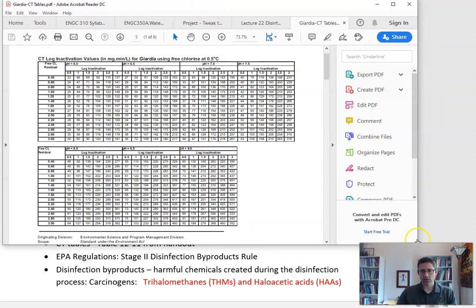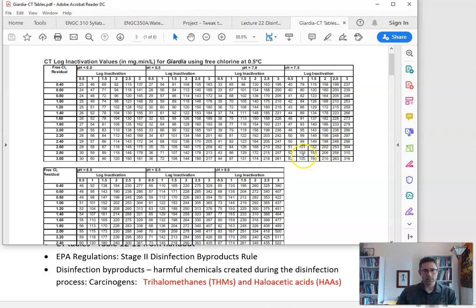All right, so these are tables that say the CT log inactivation values in milligrams minutes per liter for Giardia, which was one of our protozoa. It's the protozoan that is probably most difficult to destroy, and if you can destroy or inactivate Giardia, you're also at the same time destroying or inactivating pretty much everything else.